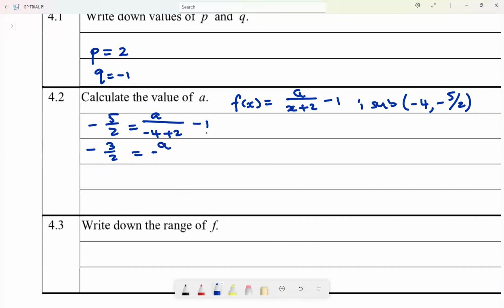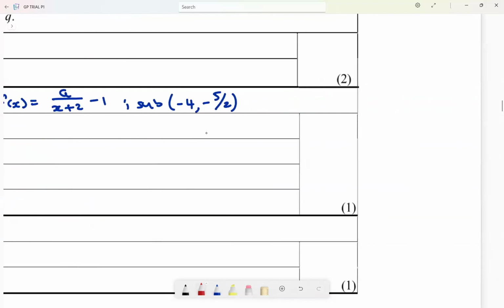It is equal to a divided by -2. And then a is going to be equal to, when I multiply by -2 on the other side, just +3, by the way. And then I can confidently say f of x is equal to 3 over x plus 2, minus 1. But the aim was to find the value of a for 1 mark.